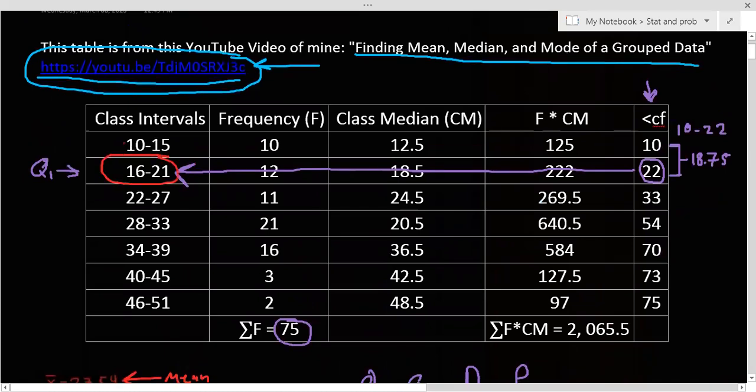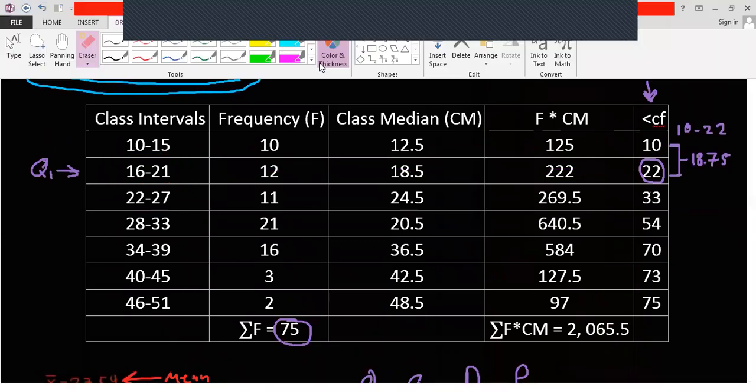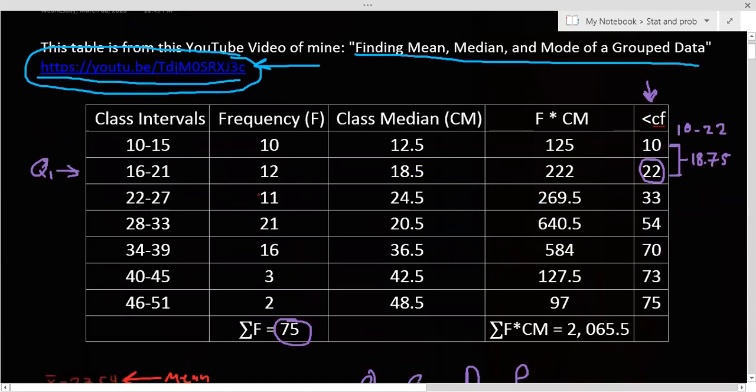Ito yun, di ba? 16 to 21. Yun yung class ng first quartile. Okay? So to get the lower boundary, all you need to do is subtract its lower class limit by 0.5. Ulitin ko, subtract its lower class limit by 0.5.